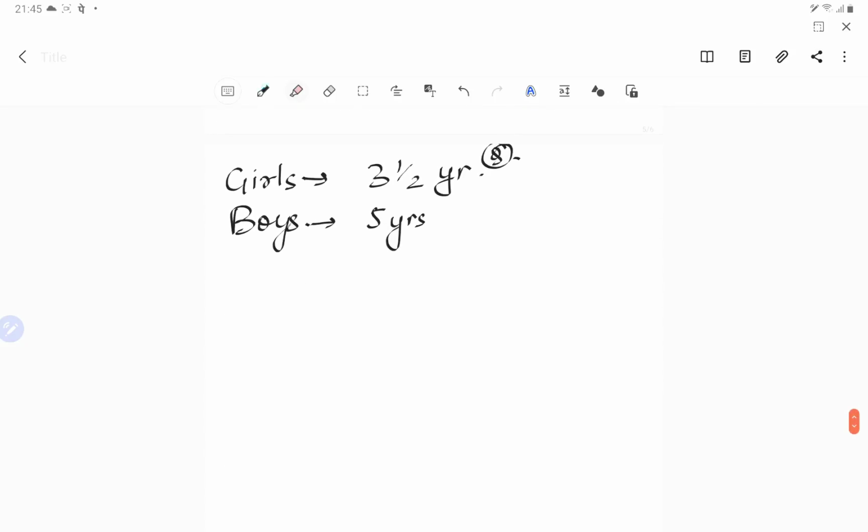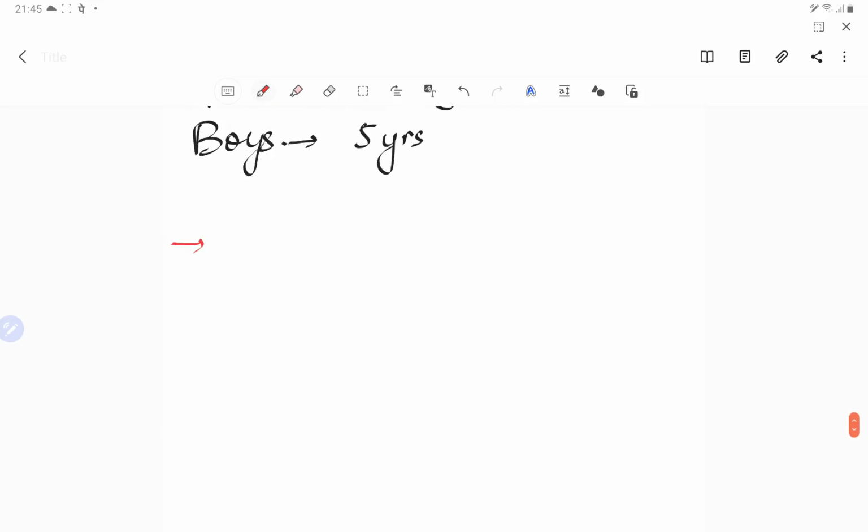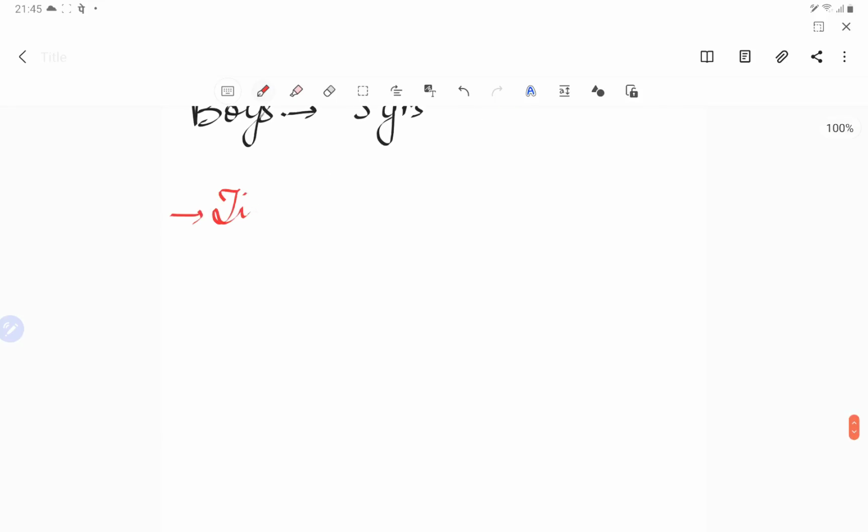So let's move into another topic, which is the timing of the cranial base growth.